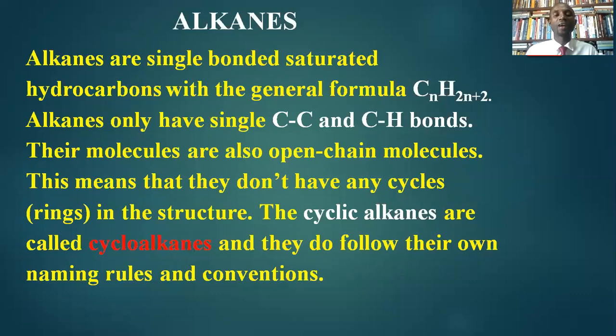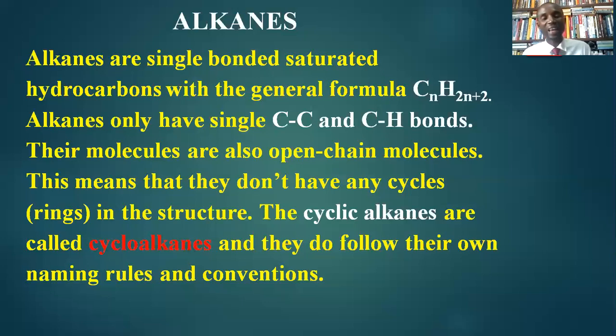Alkanes have only carbon to carbon single bonds. Their molecules are also open chain molecules. They can be either straight chain or branched chain, but they are open chain, meaning that they are not closed rings.